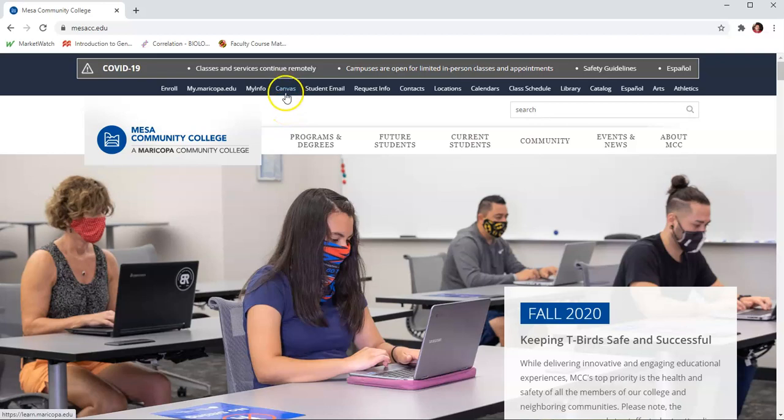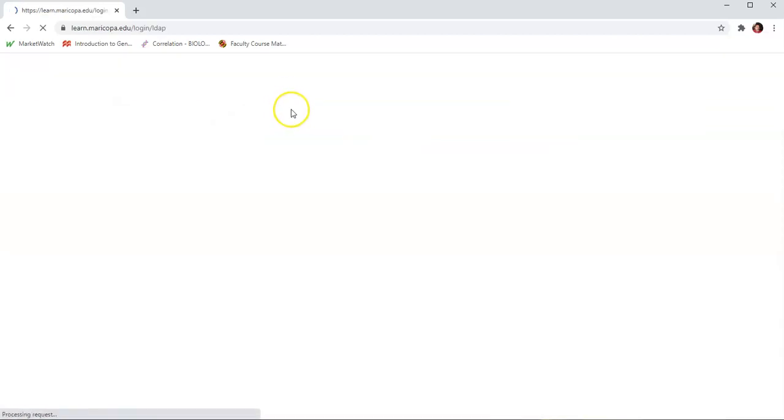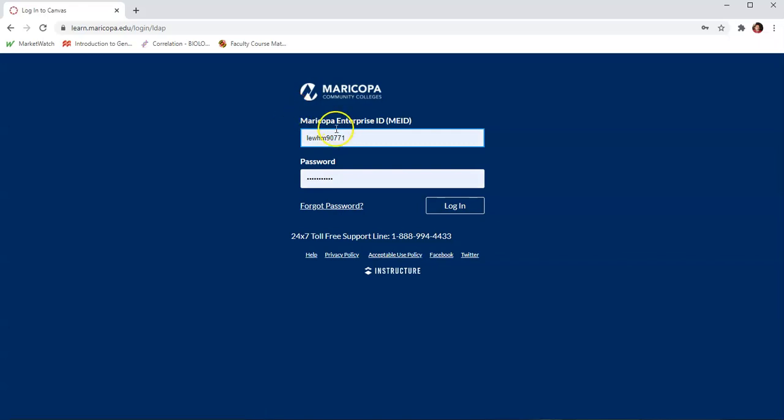So the way that this course is going to be delivered is through Canvas, and so you want to click on this Canvas tab, and it will bring you to Canvas. So you will have an MEID that you've been given through the district, and then a password for that, and you just go ahead and log into Canvas.